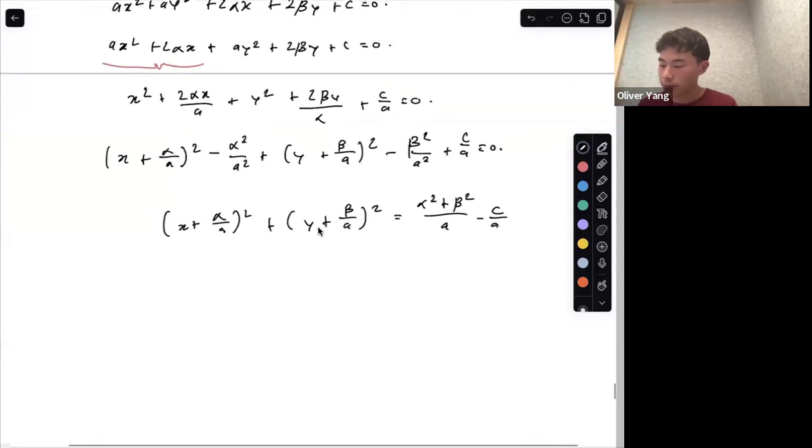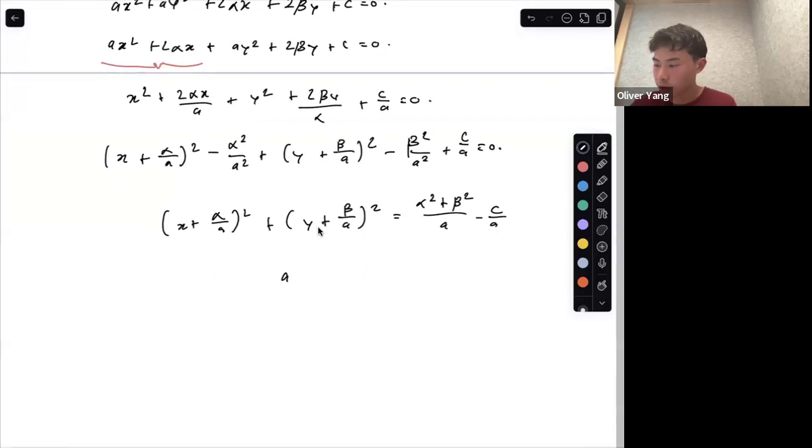Okay, and then we know that to represent a circle, alpha squared plus beta squared needs to be more than ac. Right?